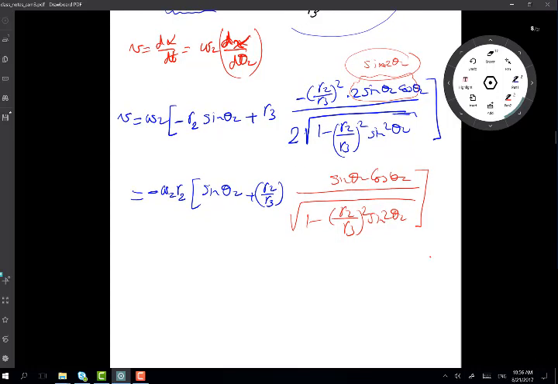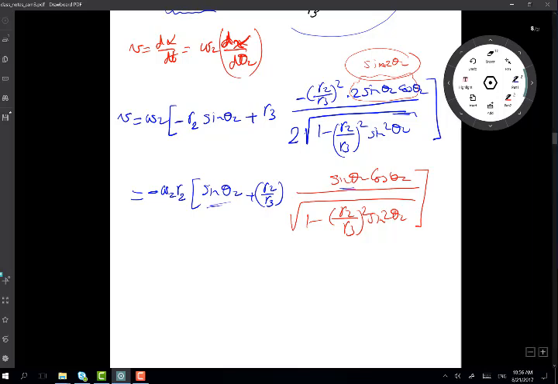And when I look at this, I want to be able to tell when the slider is going to stop or going to be stationary. I can simply say, when sine theta 2 is equal to 0, because I can take sine theta 2 from that as a common factor, then the slider is going to be stationary.